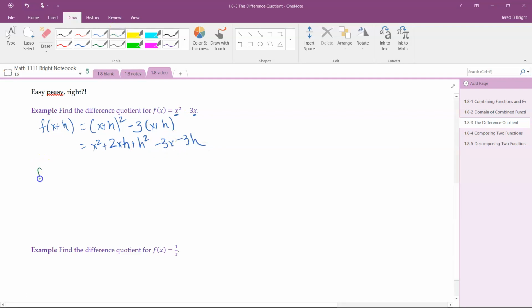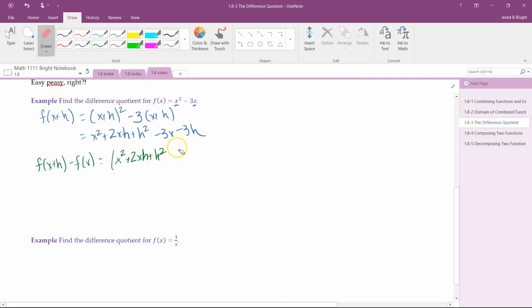Step 2, find the difference of f of x plus h and f of x. Now this step, honestly, is the longest to write out, but it actually reduces quite nicely. x squared plus 2xh, I'm just copying the thing I found from step 1, minus 3x minus 3h, and then subtract now f of x, which is x squared minus 3x.